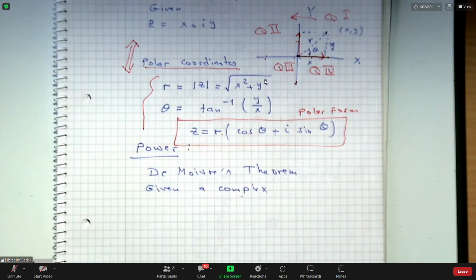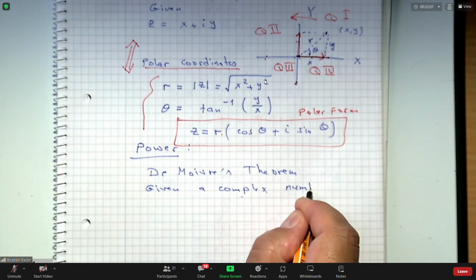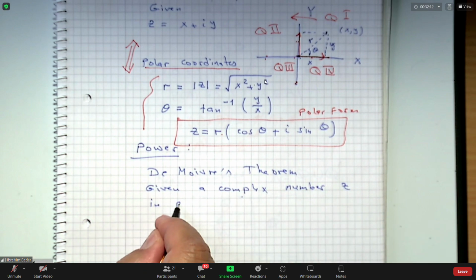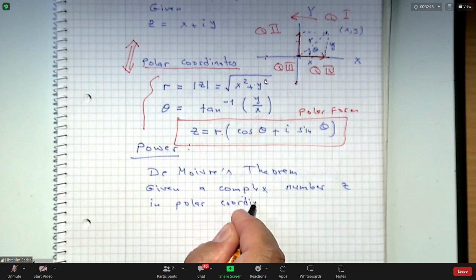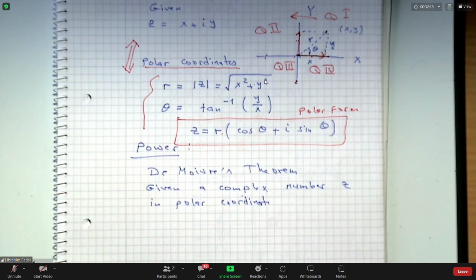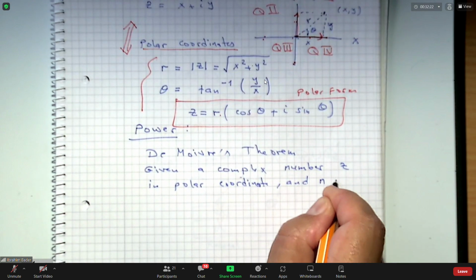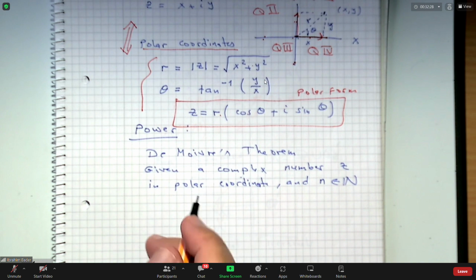Okay, so given a complex number z in polar coordinates, and a number n, a natural number, let's say starting with 1, 2, and so on.